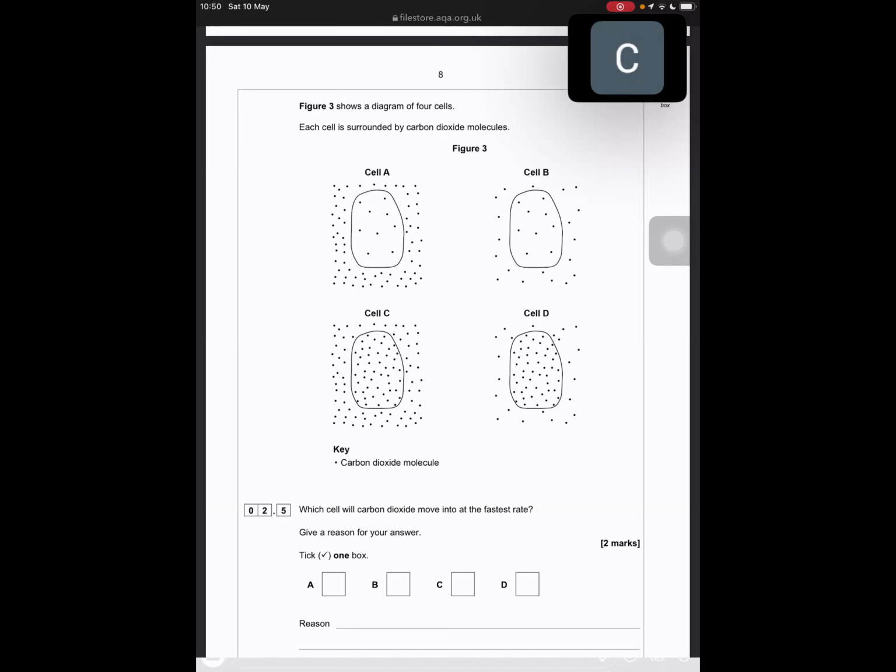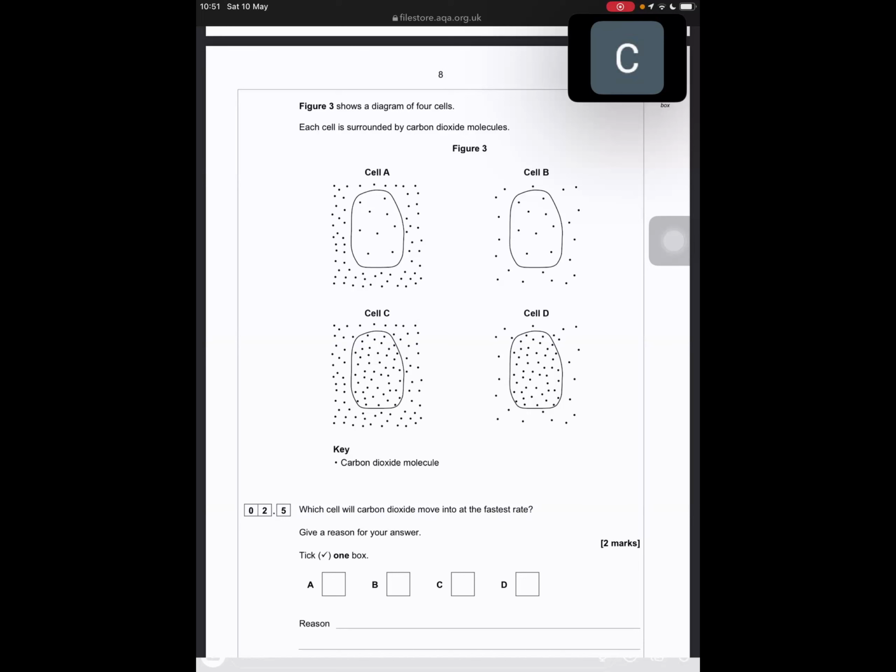Sorry, can you say why you think it's A again, please? Okay, I feel it's A because number one, the concentration of carbon dioxide around cell A is high. Remember what diffusion is: movement of molecules from an area of higher concentration to one of lower concentration.